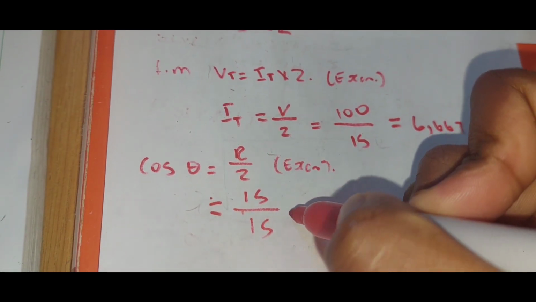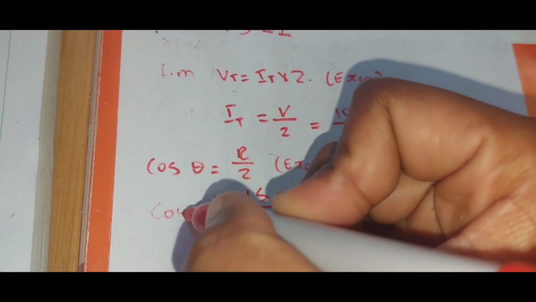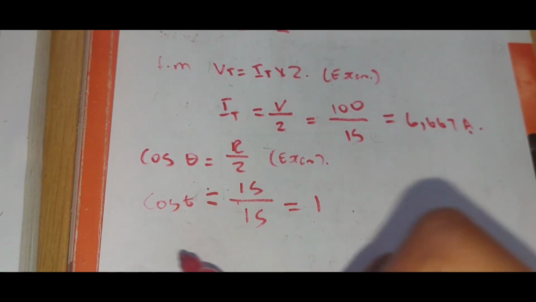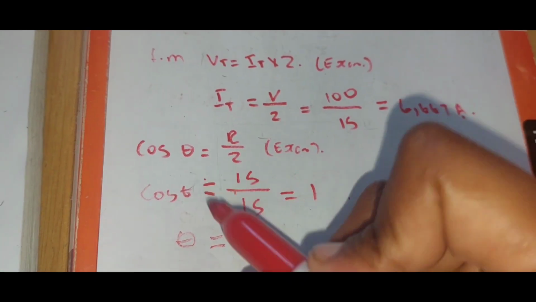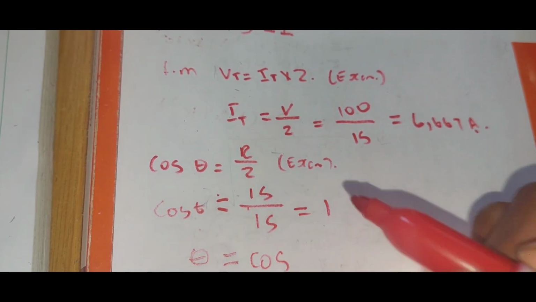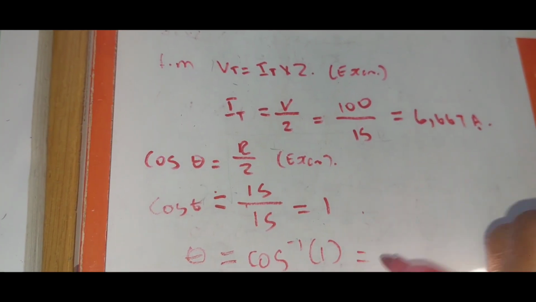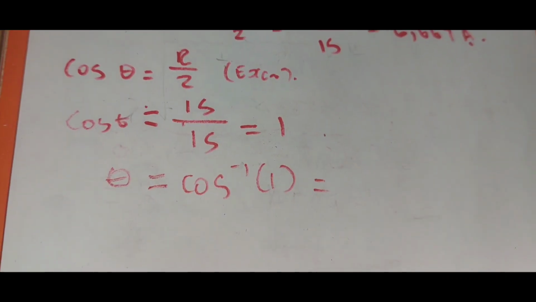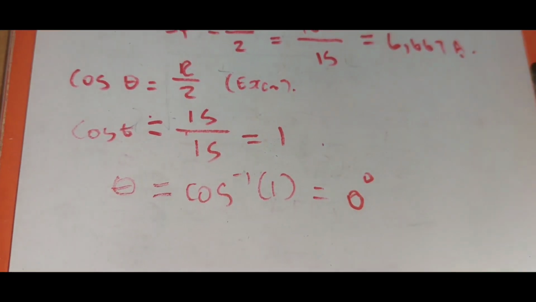So the answer will be cos of 1. And now we solve for theta. This is the phase angle, by the way. Cos of 1 will be equal to 0.